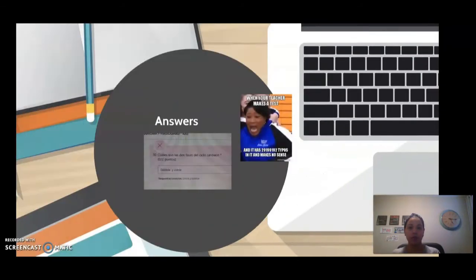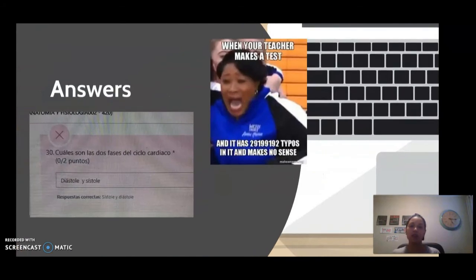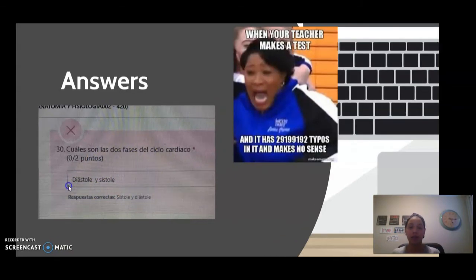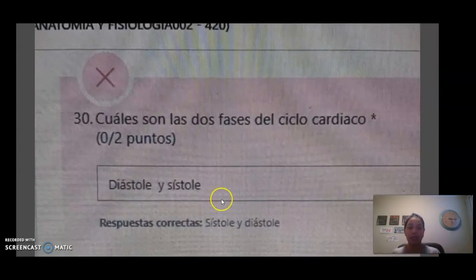And okay, so now answers. So answers should also be clear. Okay, and as a teacher, you have to anticipate different scenarios. So for example, here, I know this question is in Spanish, but the answer is exactly the same, but in a different order.